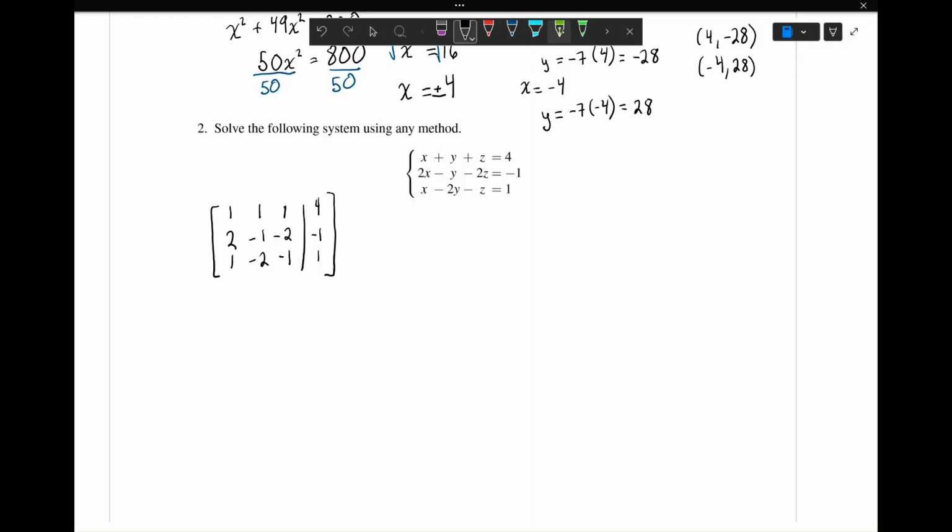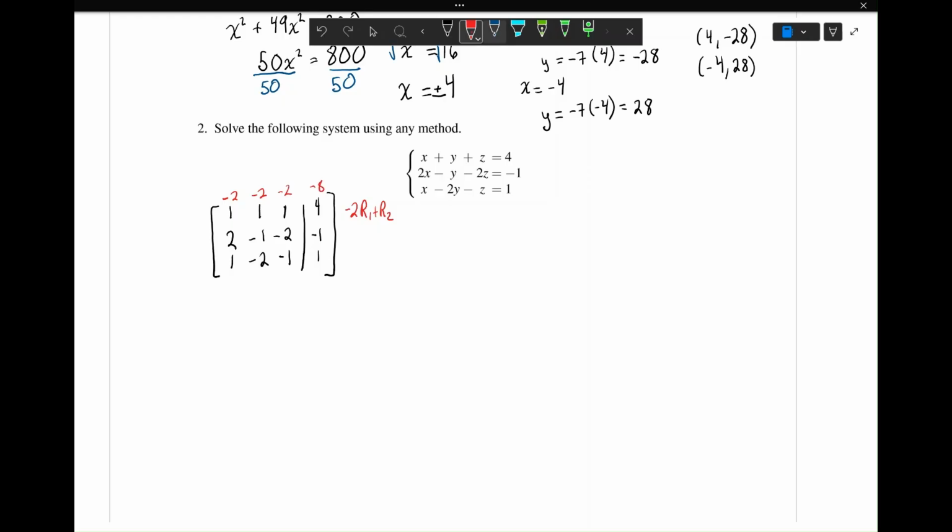So I will start with the first column here, and I'll use row 1 to make everything else 0. So I'm going to do -2 row 1 plus row 2. And to help myself remember what those numbers are, I'll often write them on top here, because I'm taking -2 times row 1.